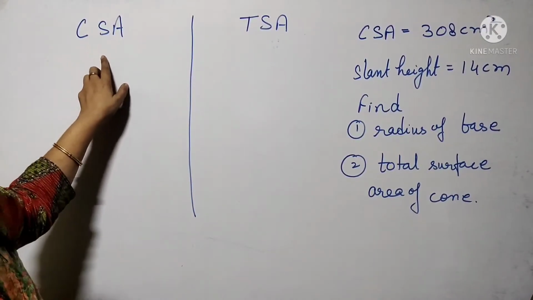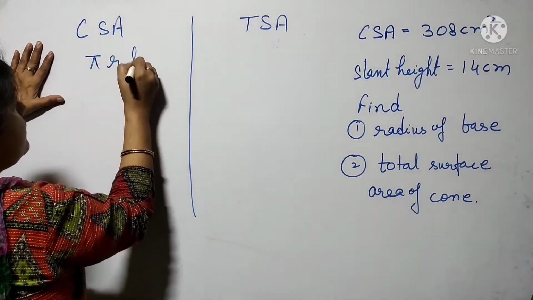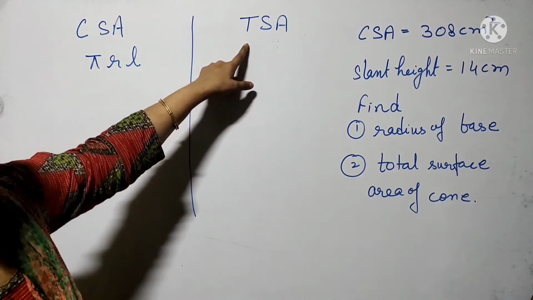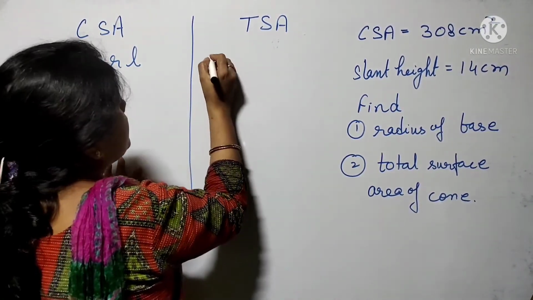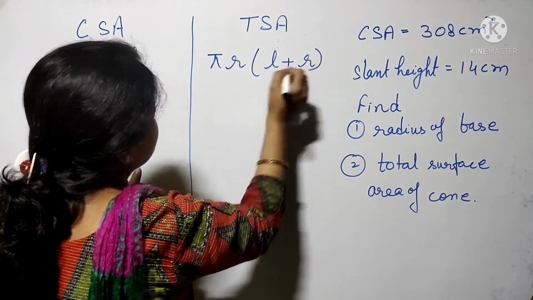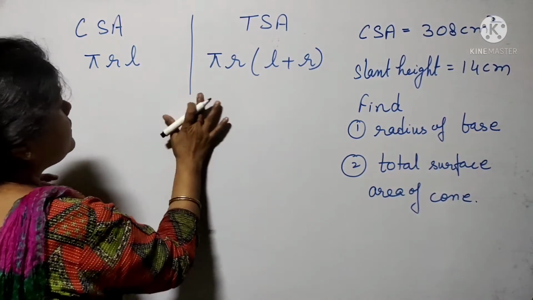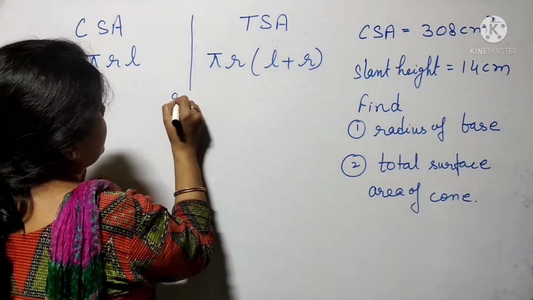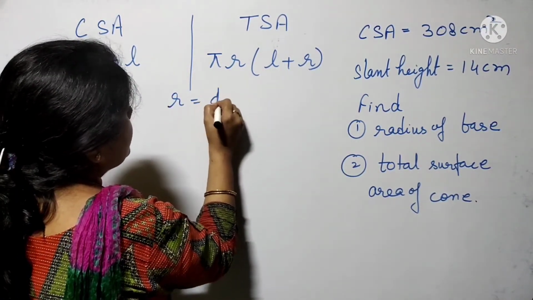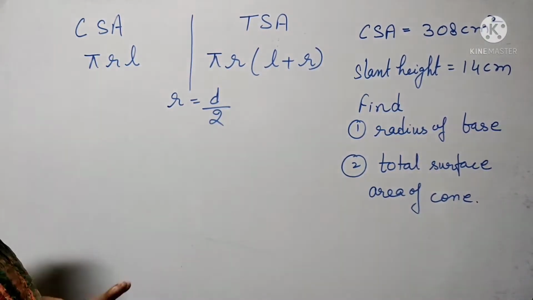The formula for the curved surface area of the cone is pi r l. And the formula for the total surface area of the cone is pi r into l plus r. Remember it. And one more formula you please remember here: radius is equal to diameter by 2. Okay, these three formulas must be summarized.